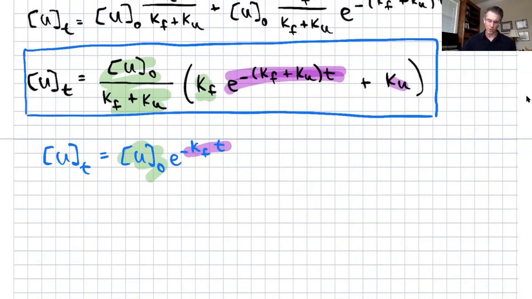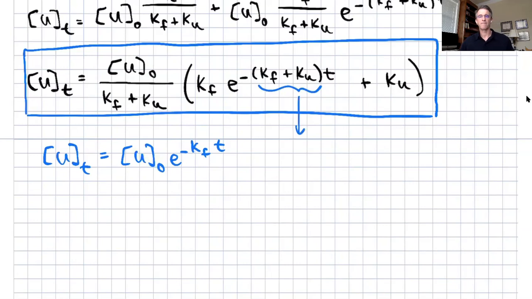So the thing that should immediately jump out at you is what's in the exponential that's multiplying our independent variable. That's essentially a rate constant.